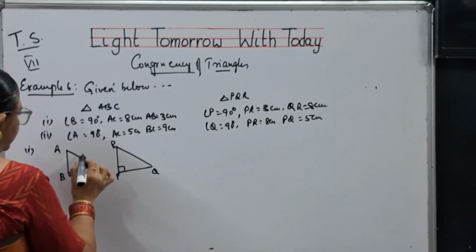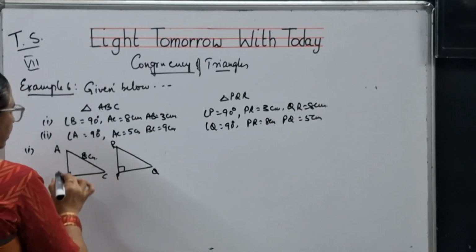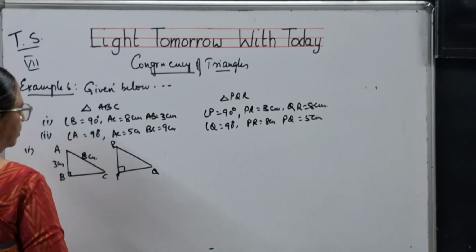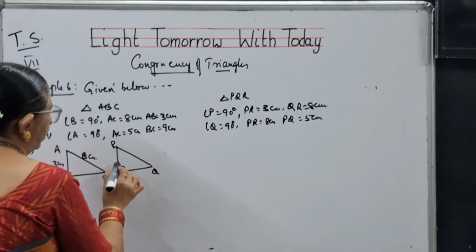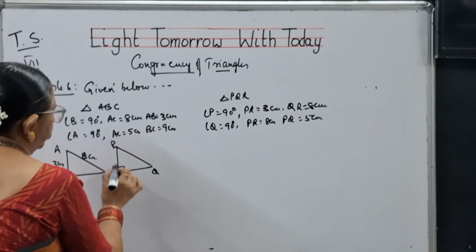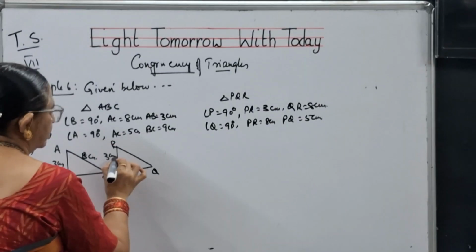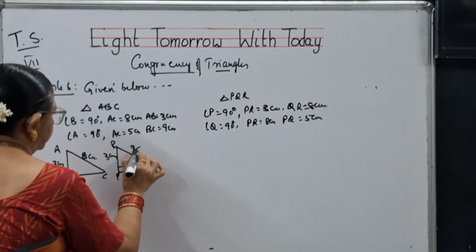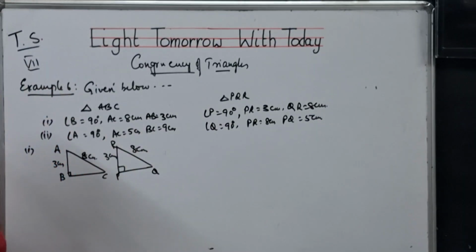Now AC is 8 centimeters, AB is 3 centimeters, and PR is 3 centimeters, QR is 8 centimeters. These are given to you. So you have to say whether they are congruent or not.